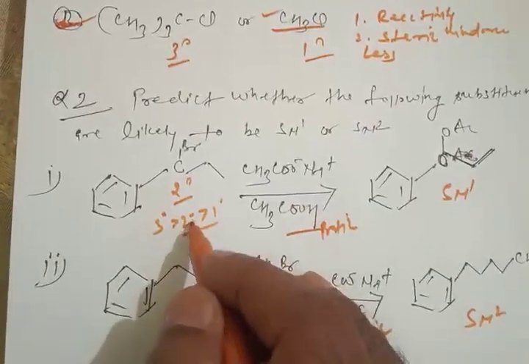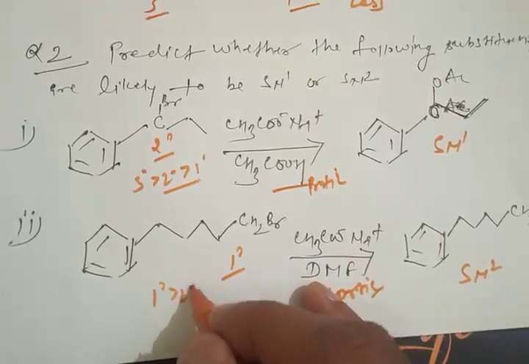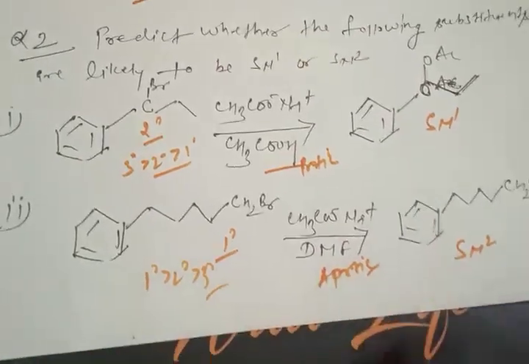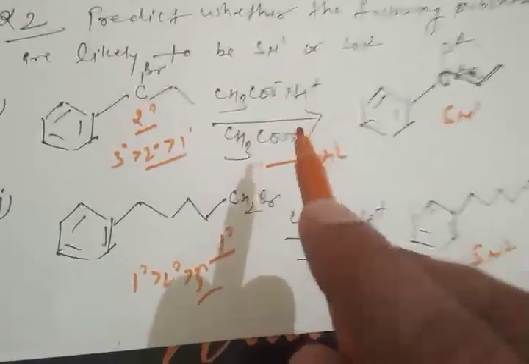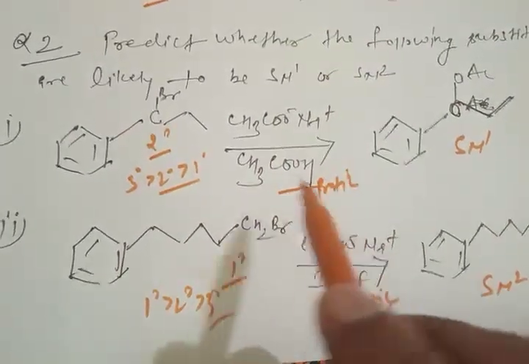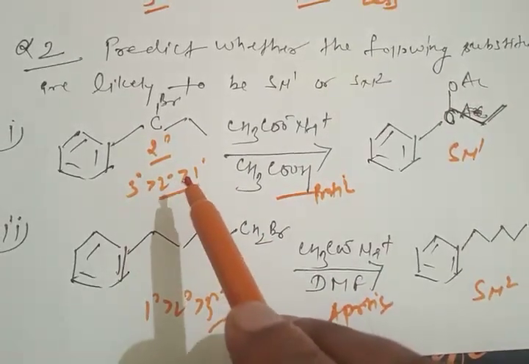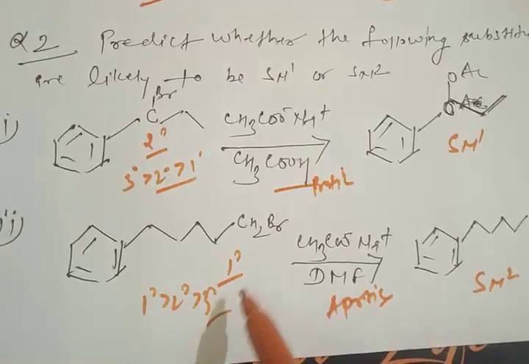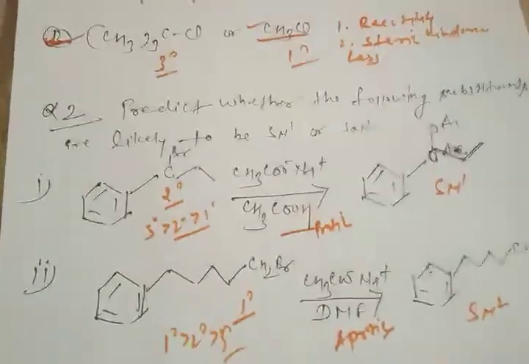So this is more reactive, so this is SN1, and in this case it is SN2. So there are two reasons for this question: the first is the protic solvent and the second is the reactivity. Reactivity order follows 3 to 1 for SN1, and 1 to 3 for SN2. So this is the answer to the question. Thank you so much.